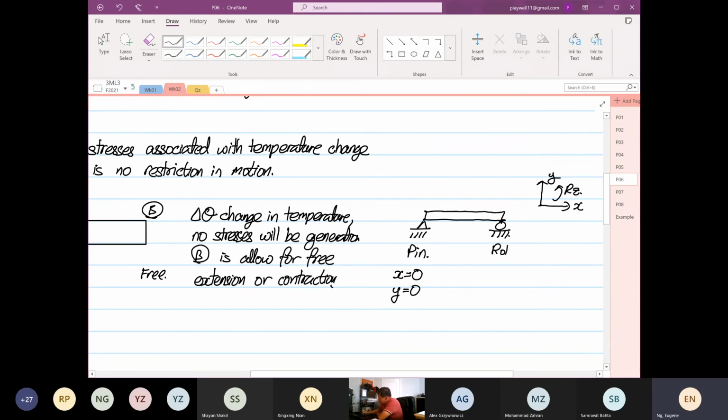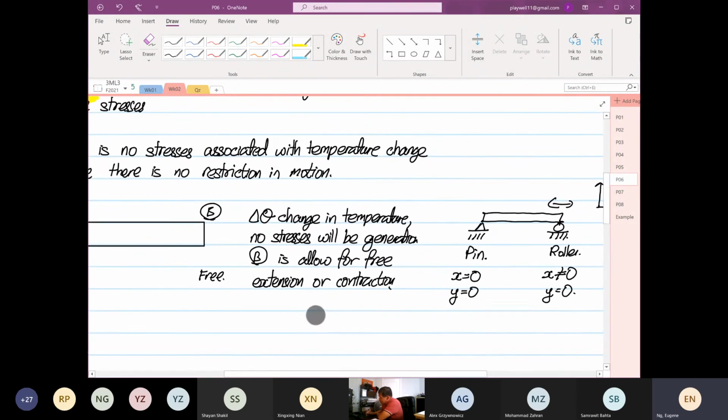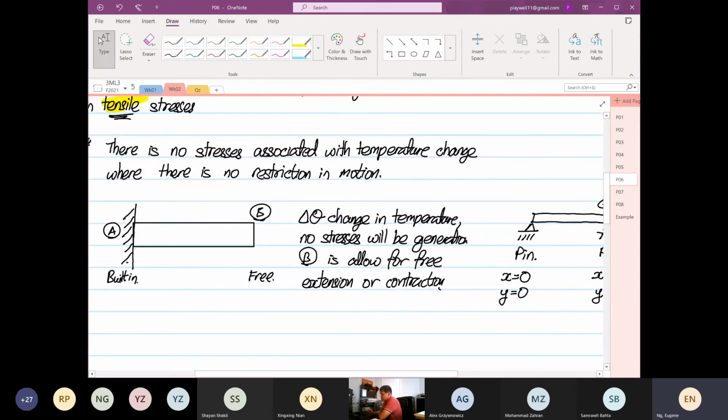When it's on a roller, X motion is not equal to 0 anymore. Why? Because it can go left and right, but Y is equal to 0. You want to support the load, prevent it from swinging downwards. So for this reason, a lot of bridges have one end fixed and the other on a roller, so that when there's a temperature change, there's no stresses.